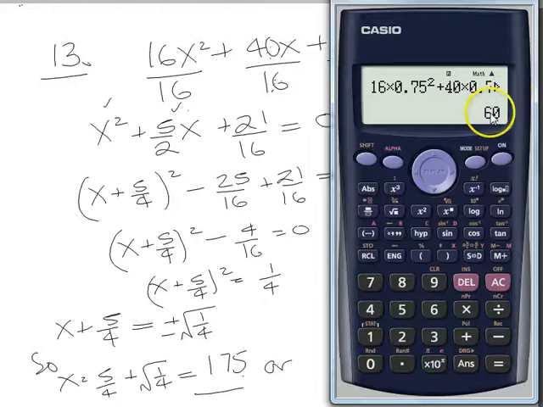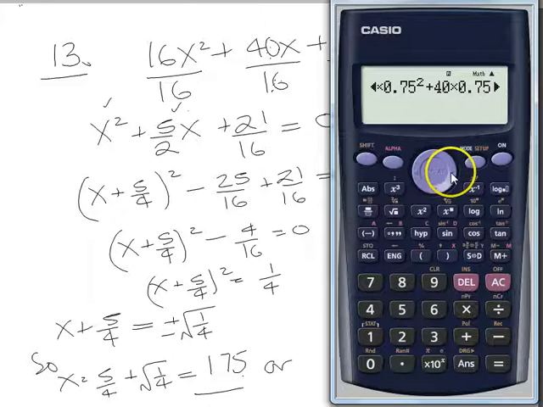Something's wrong here. We get 60. What's wrong with that then? 16 times 0.75 squared, plus 40 times 0.75, plus 21.